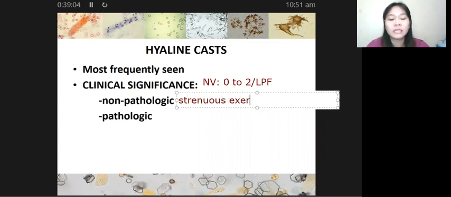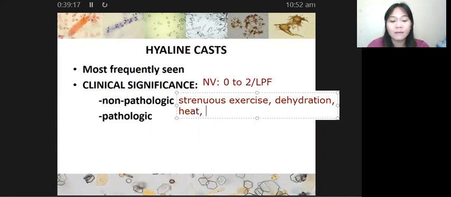Ayan, strenuous exercise. What else? Dehydration. Okay, so yung dehydration na sinasabi natin dito, hindi yung severe na dehydration. Okay, another, we have heat, emotional stress.